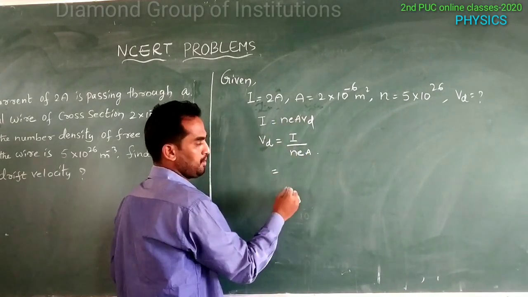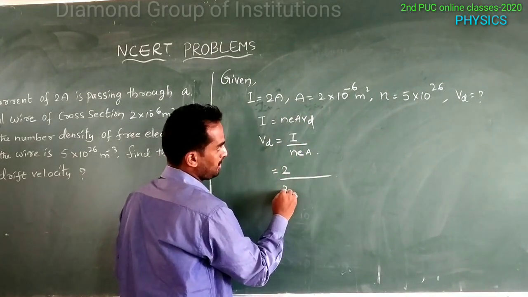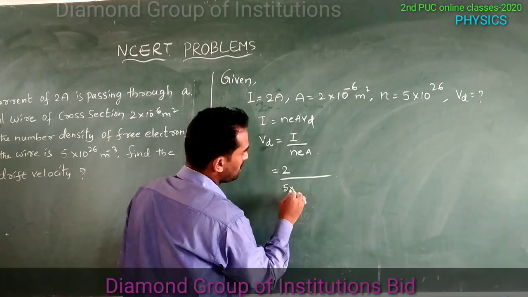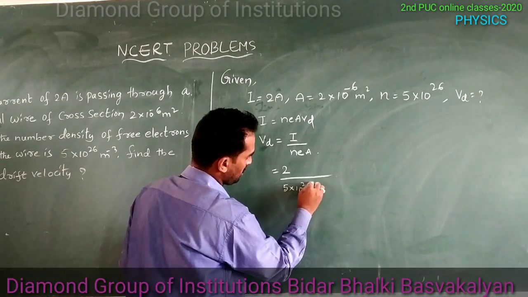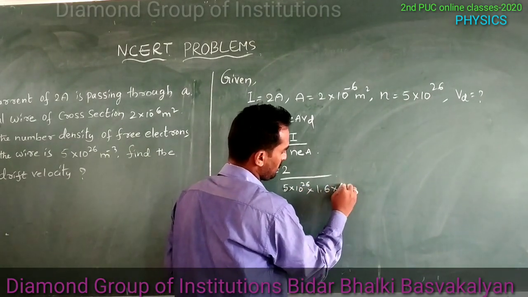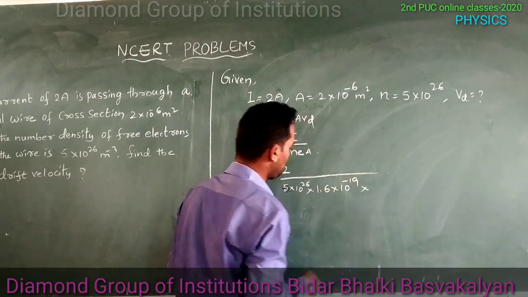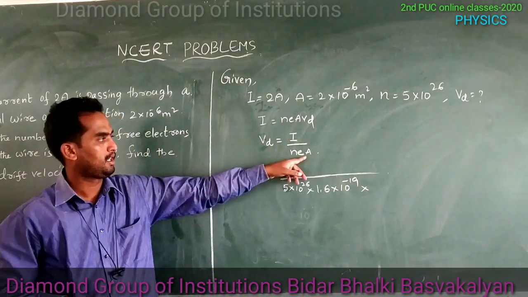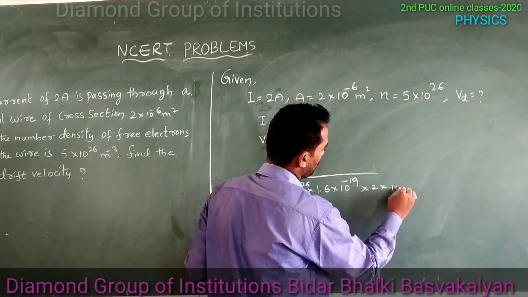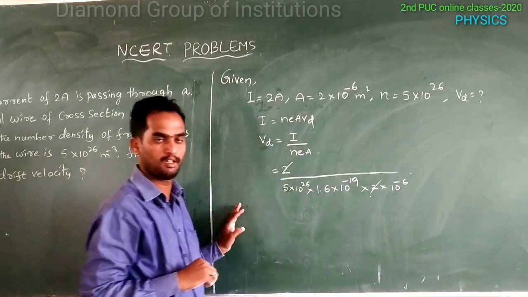So substitute the values. I value is 2. Number density value 5 into 10 power 26. e value 1.6 into 10 to the power of minus 19, into area of cross section 2 into 10 to the power of minus 6. 2 cancels.